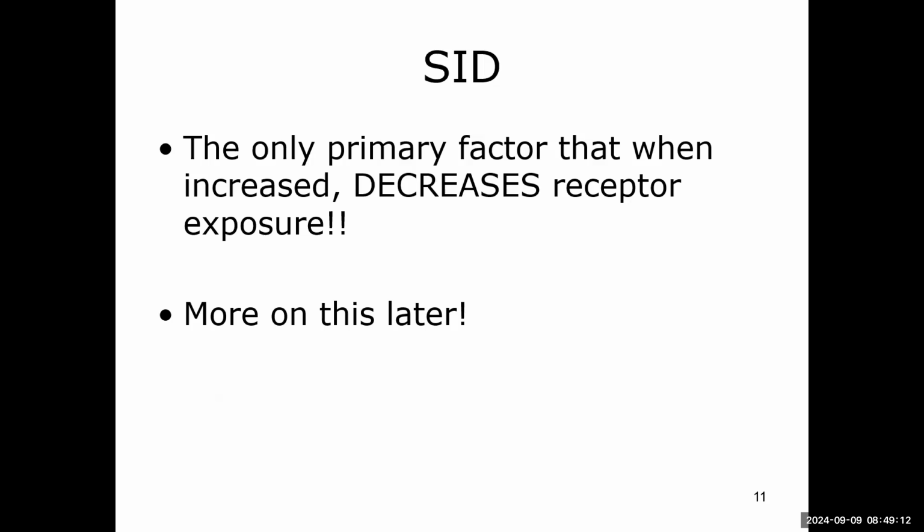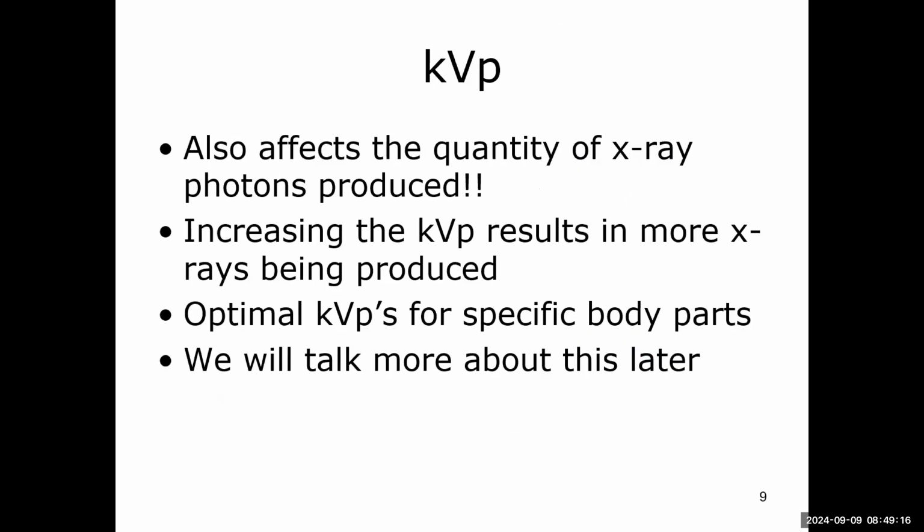So let me see if I said this here. I didn't, but you can add this little sidebar here. kVp does have a direct relationship to exposure, like to the number of photons that are created, and it's not proportional though.